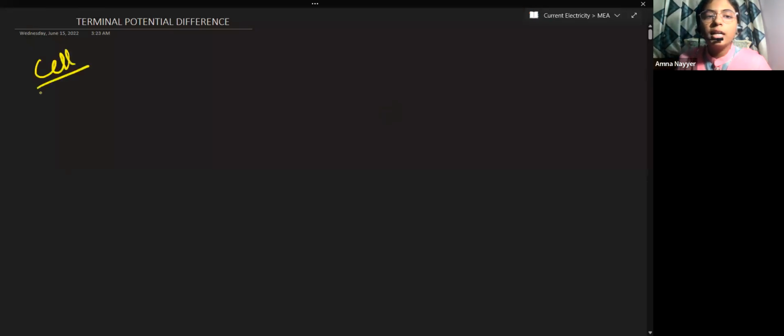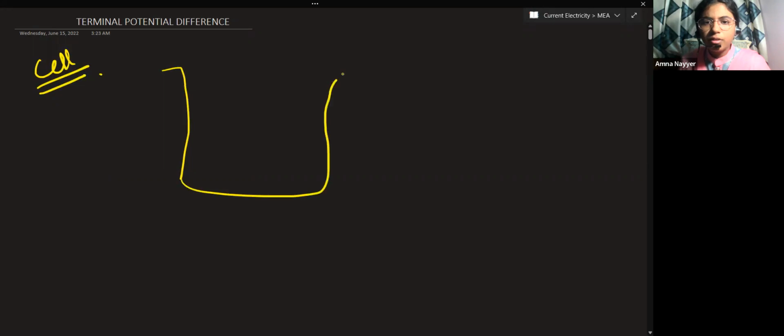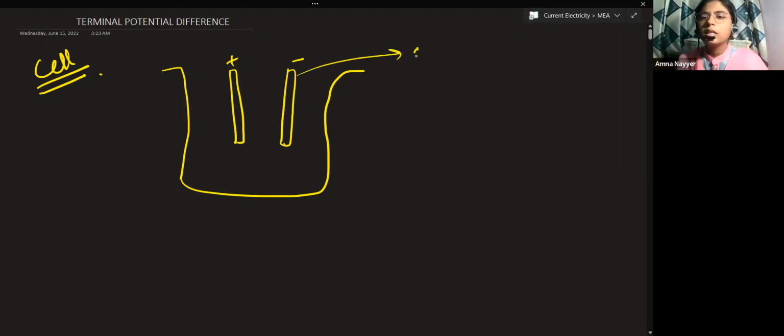Now for understanding, if you say a cell or a battery, the internal structure of a cell or a battery is in this manner. There's a container, and there are two electrodes, positive and negative. One anode, the other one is cathode.